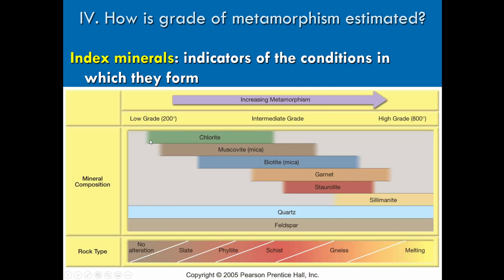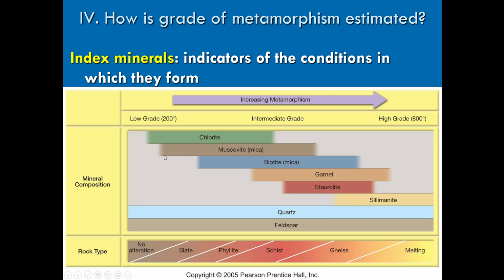You can go from the green coloration here and read down to the bottom, and this will tell you in what rocks you typically find chlorite. Chlorite first becomes stable at about 200 degrees Celsius, and it probably stops being stable around, oh boy, here we go with math, about 500 degrees Celsius or so.